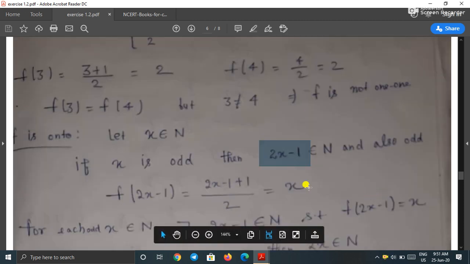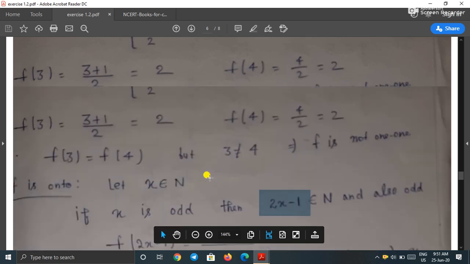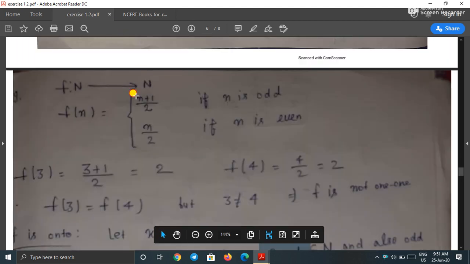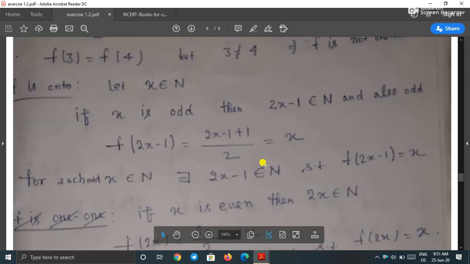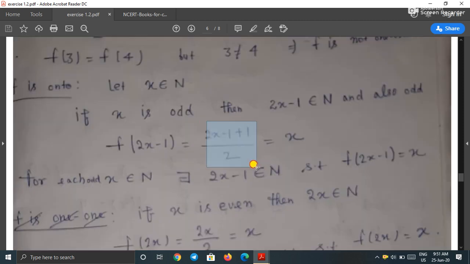Let us find the image of 2x minus 1. Apply this definition. Here we replace n by 2x minus 1. So (2x minus 1 plus 1) upon 2, and it gives x. Means for each odd natural number x, there exists an odd natural number 2x minus 1 such that f of 2x minus 1 is equal to x.